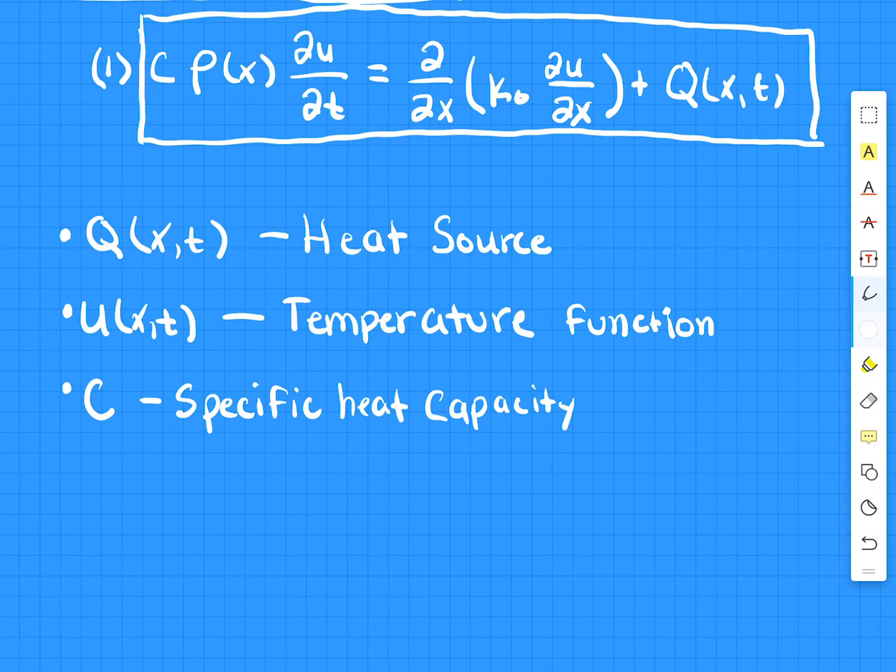Water, for example, is a very good coolant and an excellent moderator of temperature because it has a very high specific heat capacity, which means it can absorb a lot of energy before it itself warms up.